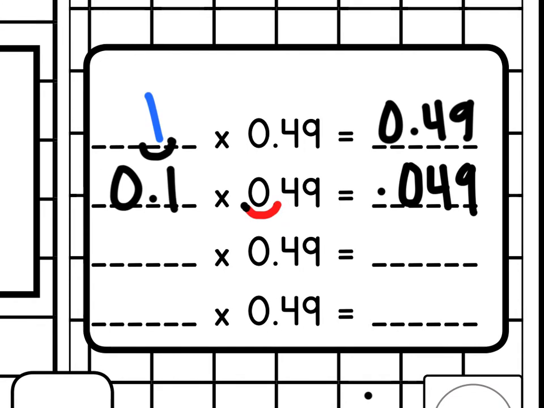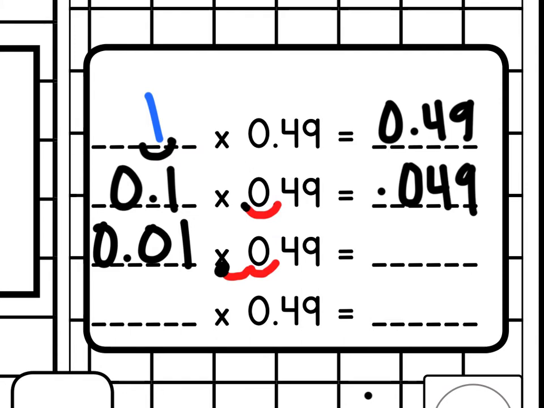Let's do another one. If we move the decimal 2 times to the left, we would have 0.01. And the same thing, now we would move the decimal 2 to the left. 1, 2.